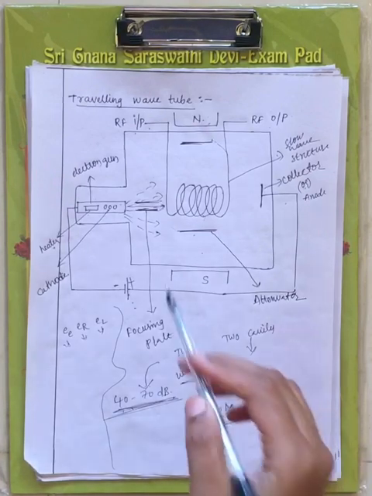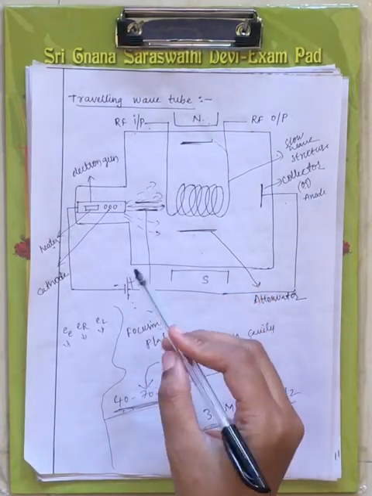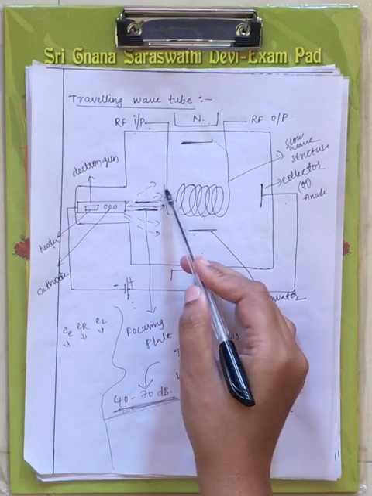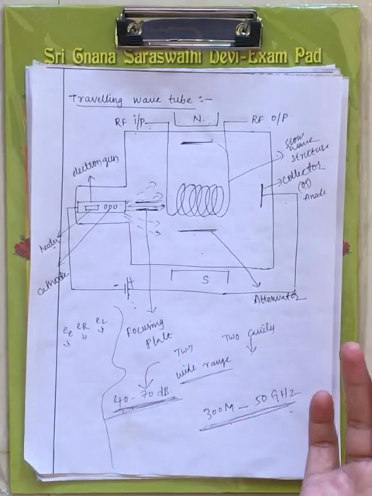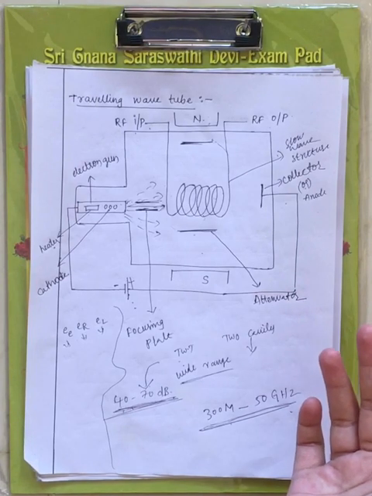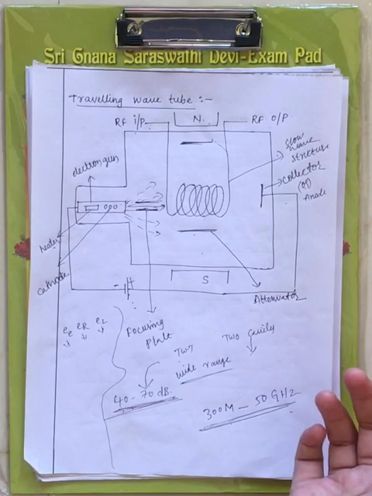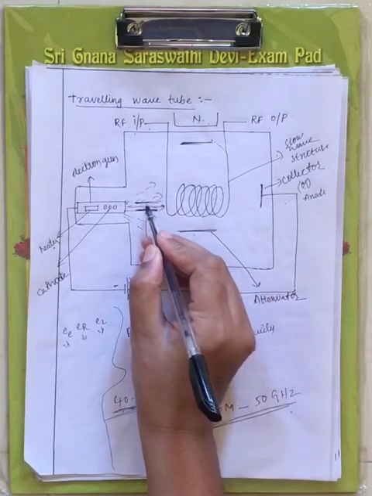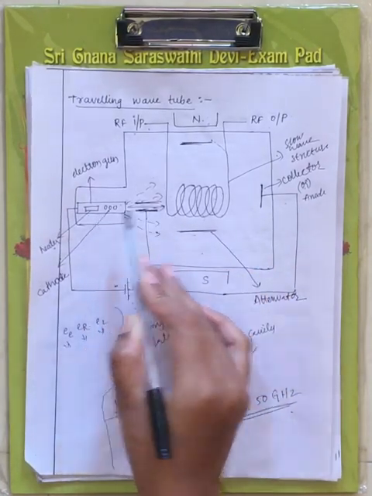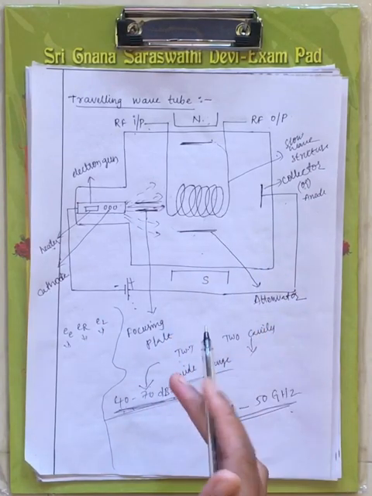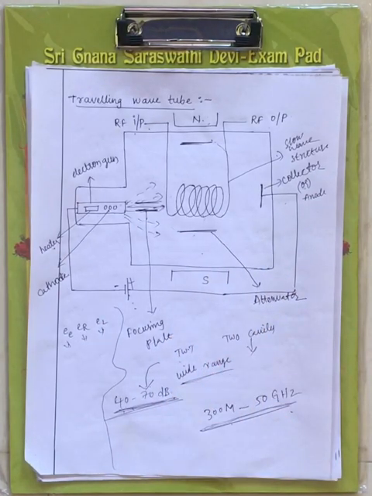The electron gun generates a beam of electrons that may go in many directions, but I want it in a single direction. So I am using a focusing plate, placed between the electron gun and the slow wave structure.